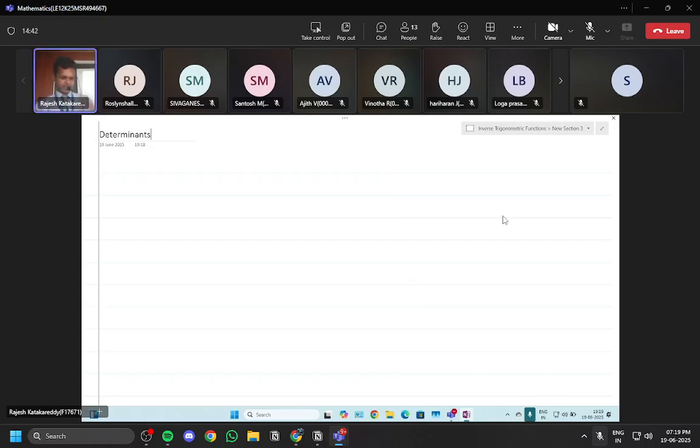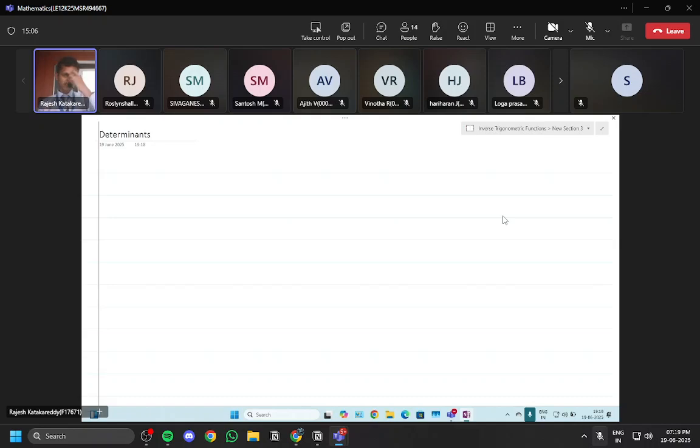If you need the definition of determinants, we can say that it is the sum of the product of the elements of any row along with the corresponding adjoints. Clear? So the definition, if you want to understand further, you should know about minor and cofactor of an element.